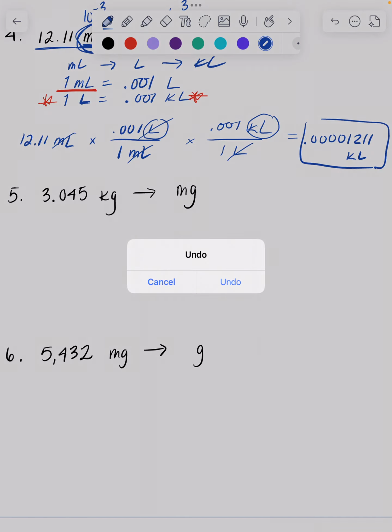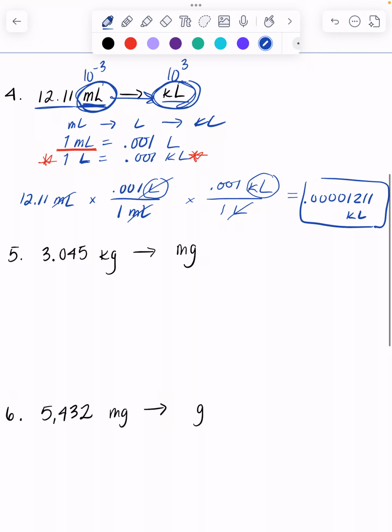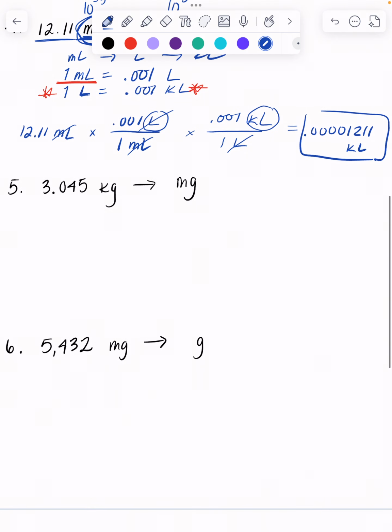3.045 kilograms, kilograms to milligrams. We're going the opposite way. So let's get some equivalencies out here, right? I'm going to go from kilograms to grams to milligrams. I'm going to say 1 kilogram, how many grams is that, guys?